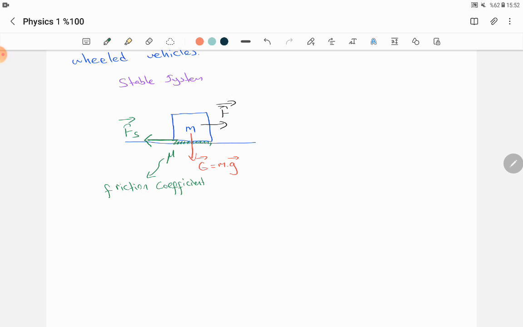And if our mass or object moves in the force's direction, that is a moving system.